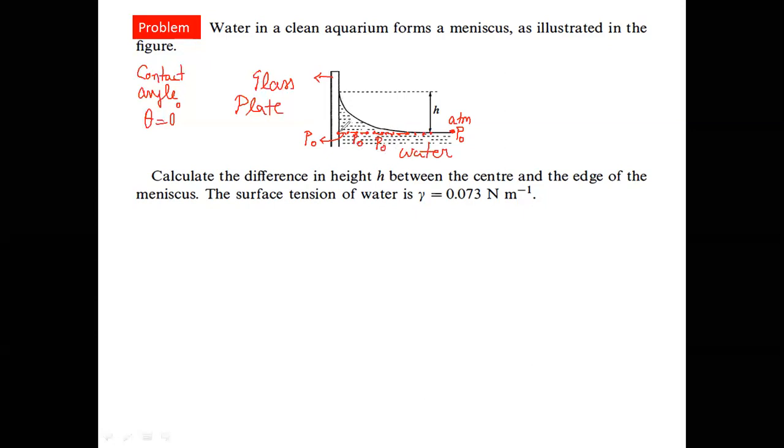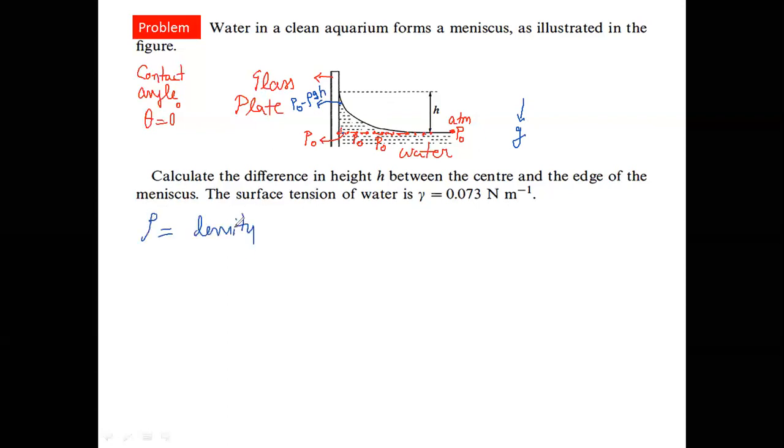And if we move h distance above this point and reach the top of the meniscus, then the pressure at this point should be, since we are going upward, which is against gravity, by a fundamental concept of fluid mechanics, P naught minus rho g h, where rho is the density of liquid.